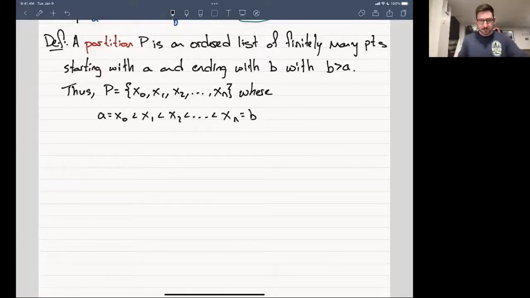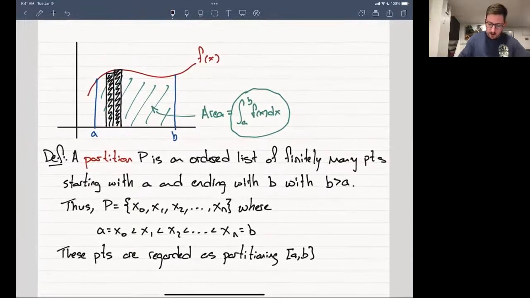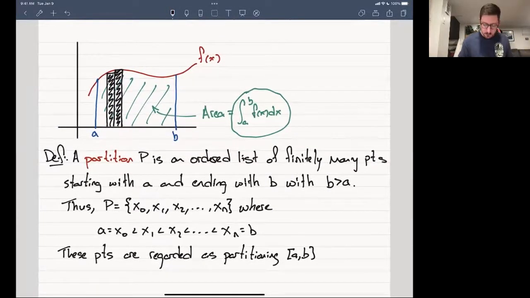Now, we can go further on this. We can say these points are regarded as partitioning the interval a to b. So again, if we go back up and take a look at our integration here that's taking place, that is the interval a to b that we are looking to partition.